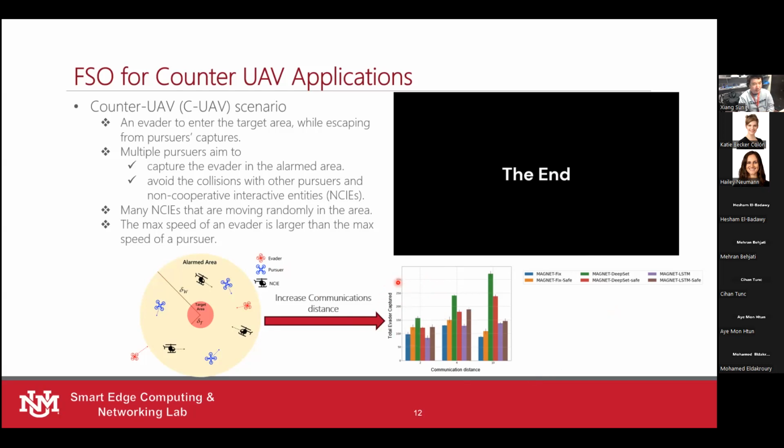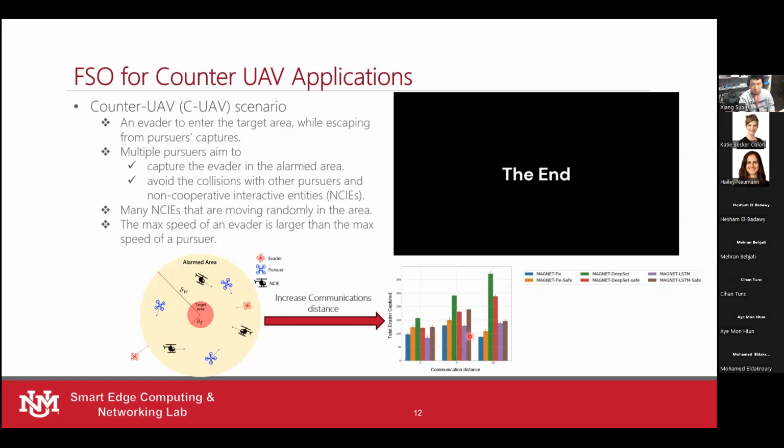The y-axis is the capture rate, and the x-axis is the communication distance from 2, 4 to 10. Those are relative values compared to the area. The different color bars represent different methods that we use, and the methods we focus on are the red bar and the green bar.